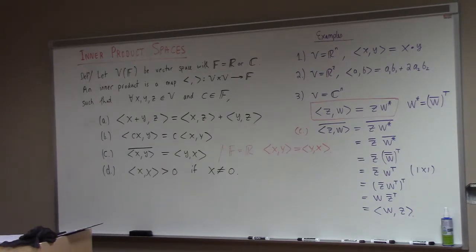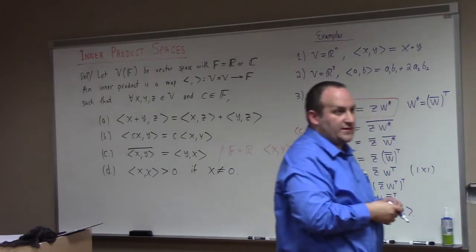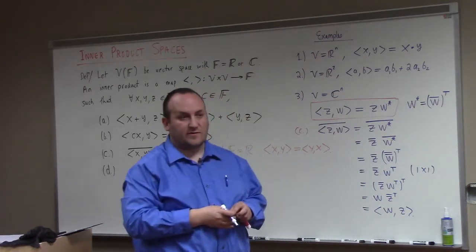It works out to Z1 W1 complex conjugate plus Z2 W2 complex conjugate plus ... plus Zn Wn complex conjugate. That's what the formula looks like in terms of components of the complex vectors.